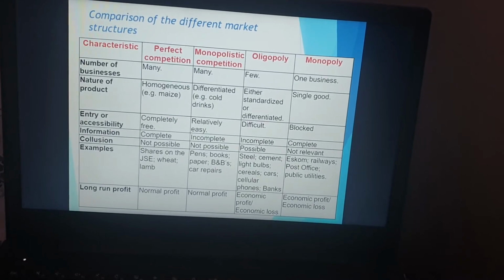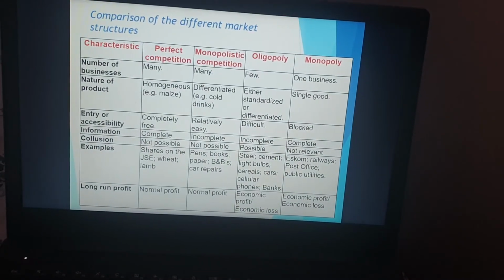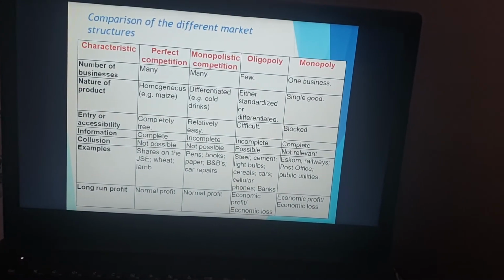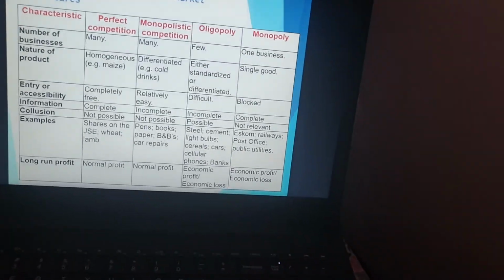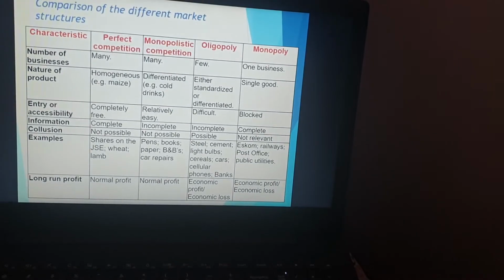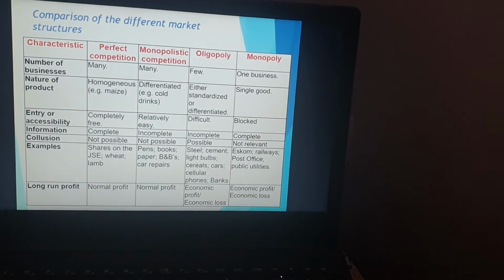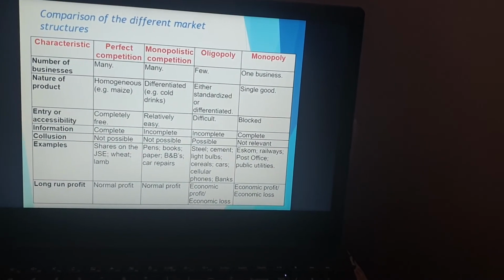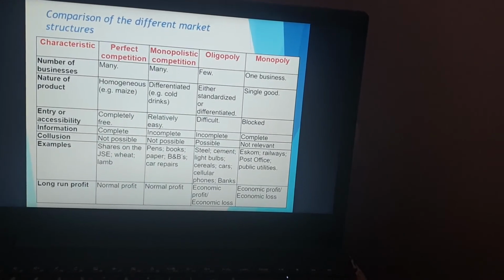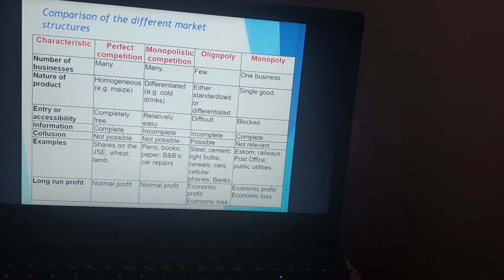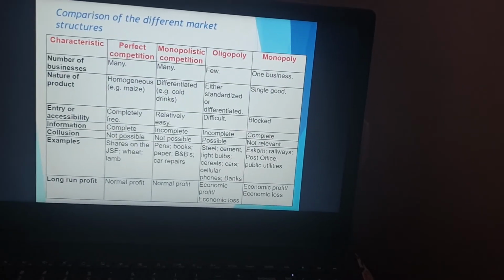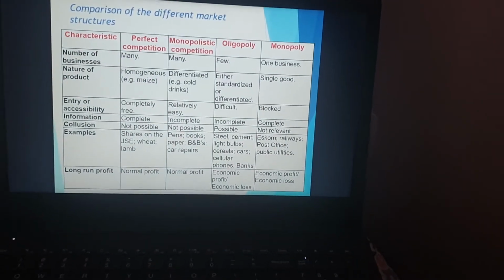Either standardized or differentiated for an oligopoly. And then also for a monopoly, there's a single good. For example, Eskom provides electricity, so it's only one product or service that they are rendering.